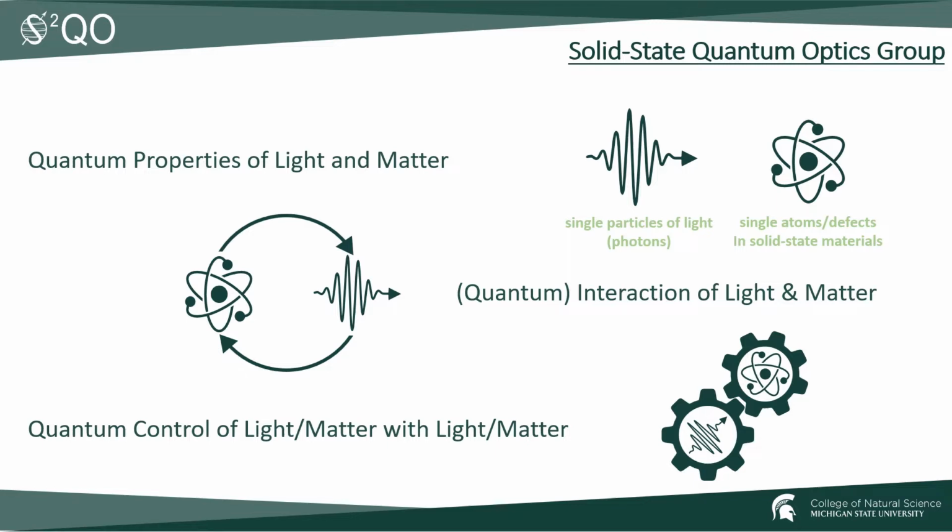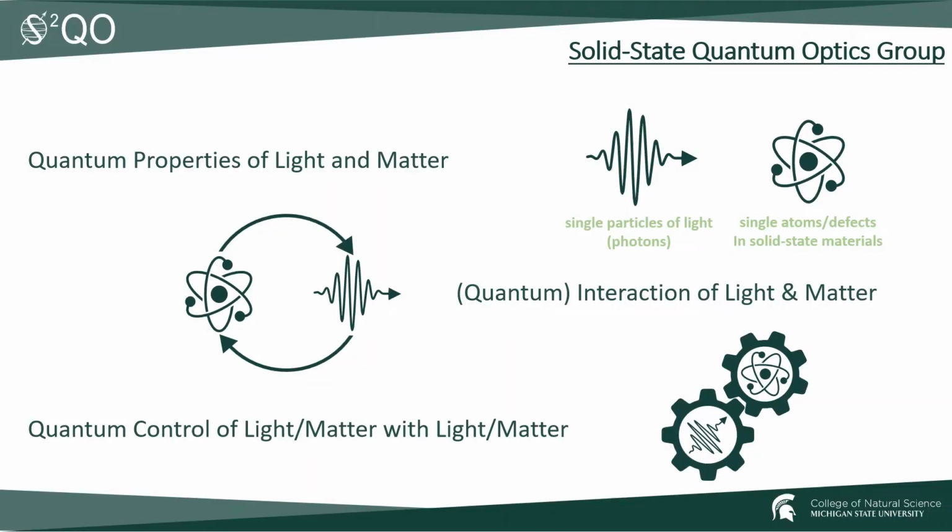But on the other hand, we also want to use these matter-based systems, these atoms, to control the properties of light, and even go one step further and use these matter-based systems to mediate interactions between multiple particles of light to make them do things light would normally not do.